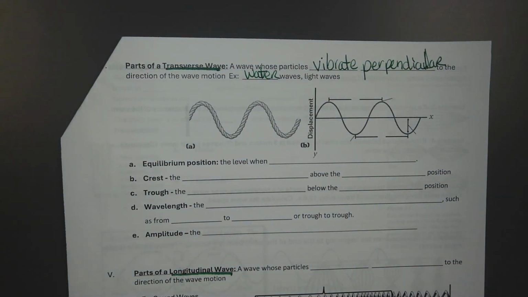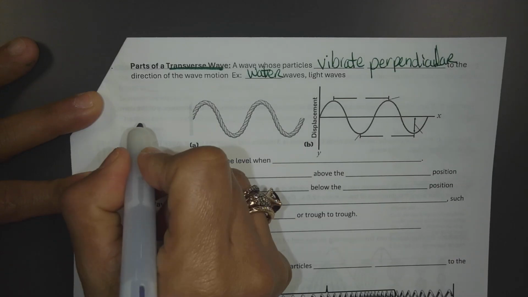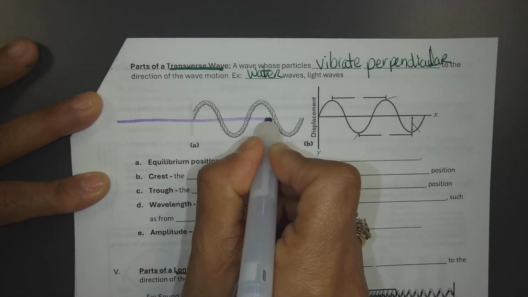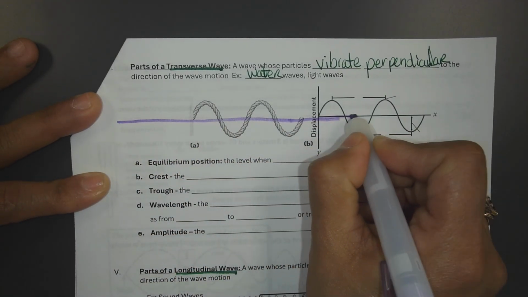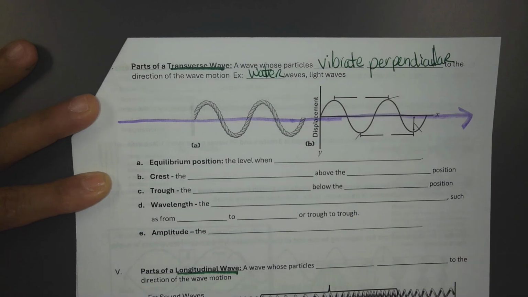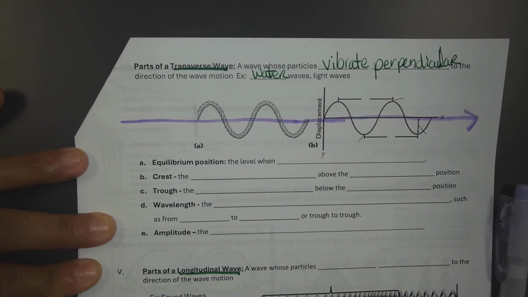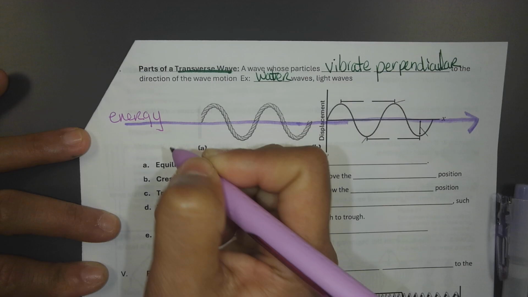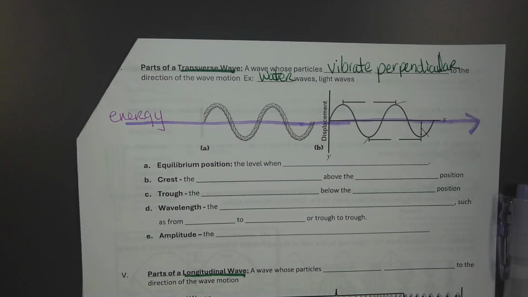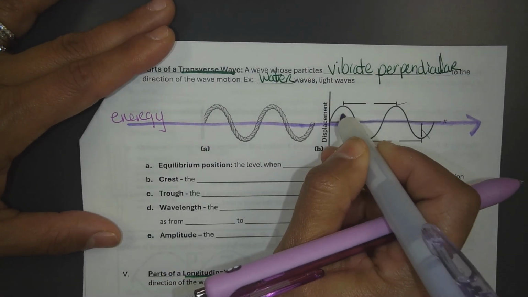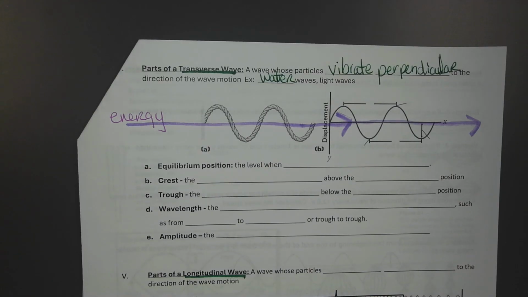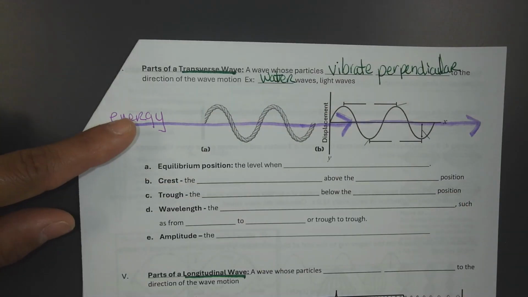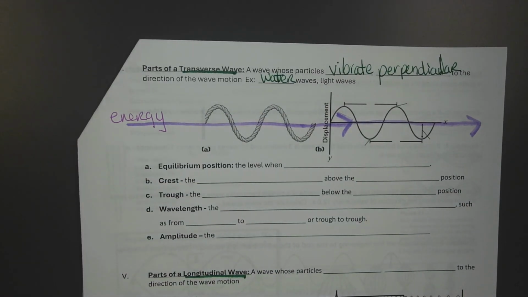What I mean is, if this is the equilibrium and all of that is the direction of the energy that's traveling, energy is traveling in this direction, you can see it. This is the equilibrium line when there is no wave.